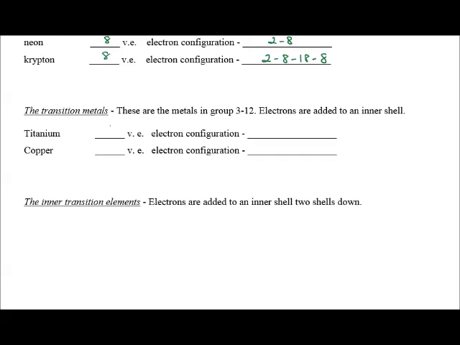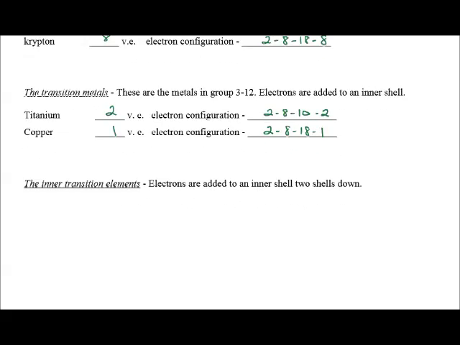Titanium, we can see, has 2 valence electrons. Its configuration is 2-8-10-2. Copper, 1 valence electron, configuration of 2-8-18-1. And then we have the inner transition elements, the bottom two rows, which we don't really worry about.